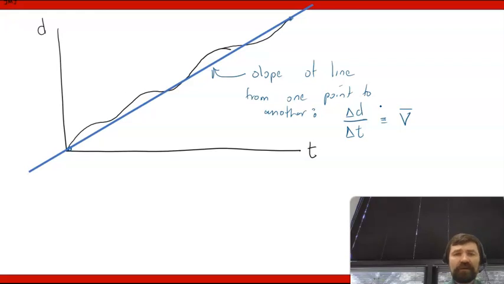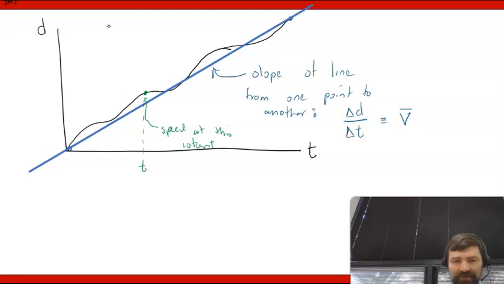Okay, now if I wanted to get the instantaneous value of the speed, let's say that I wanted to know what is the speed at this exact moment in time right here. So we could say speed at this instant. Note that this instant would have a value of like t instant or something like that.